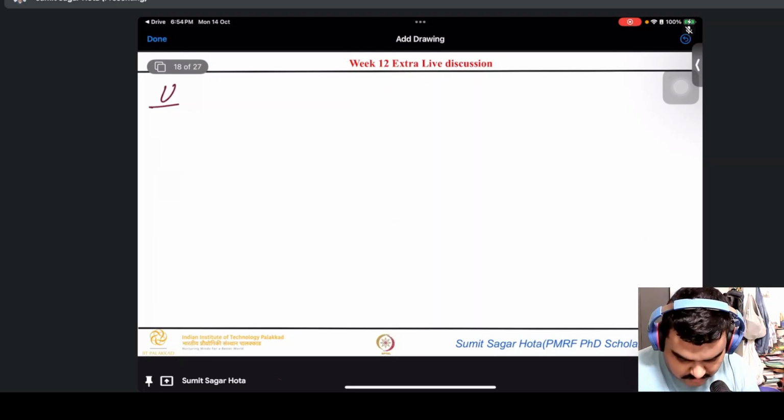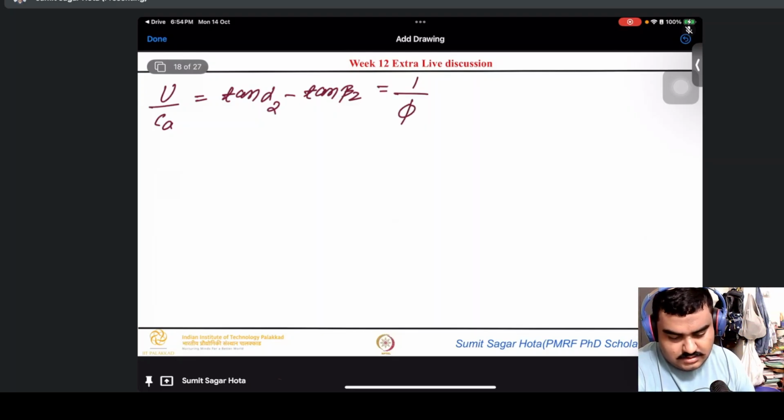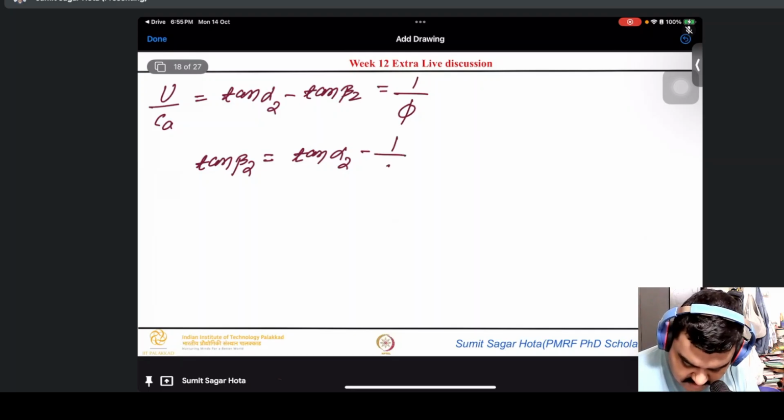I have to go u by c is equal to tan phi 2 minus tan beta 2 is equal to tan alpha 2 divided by 1 by 5.